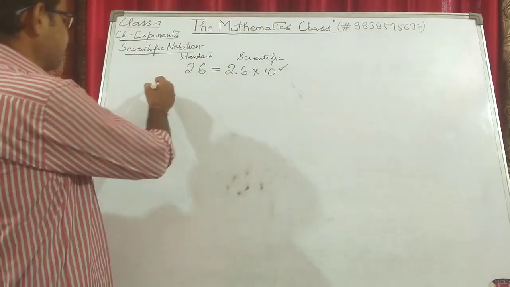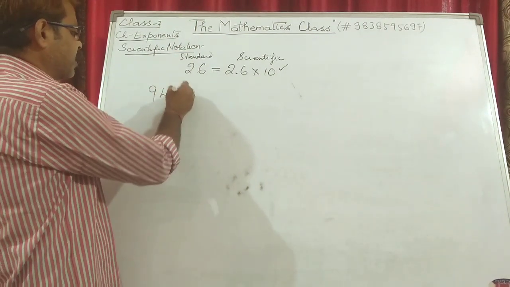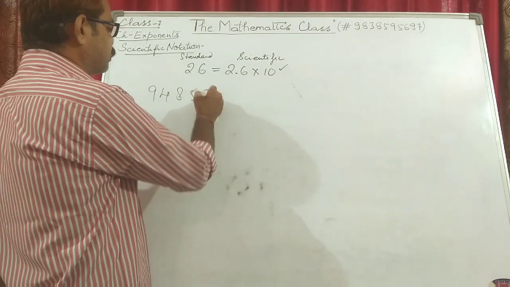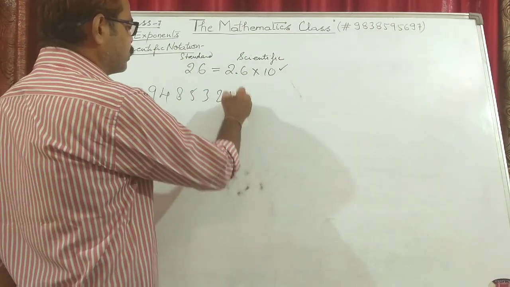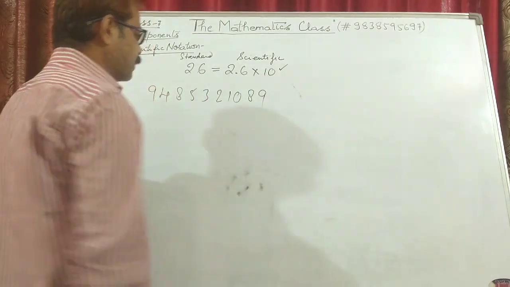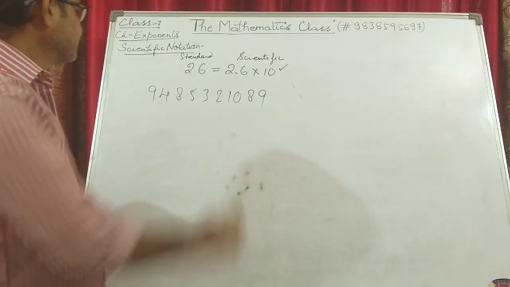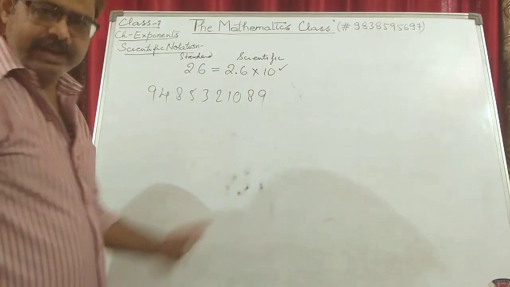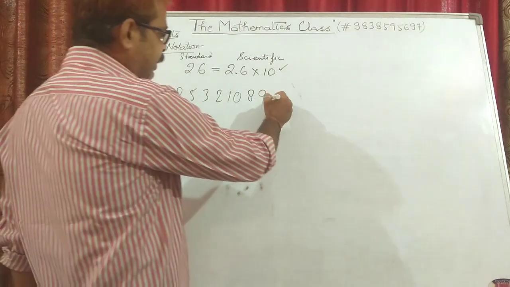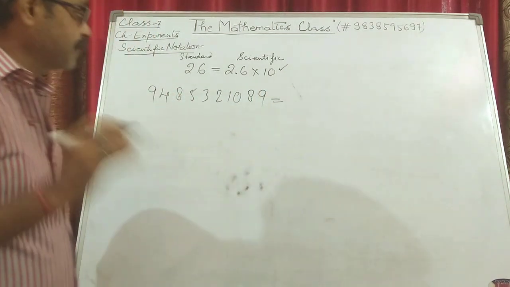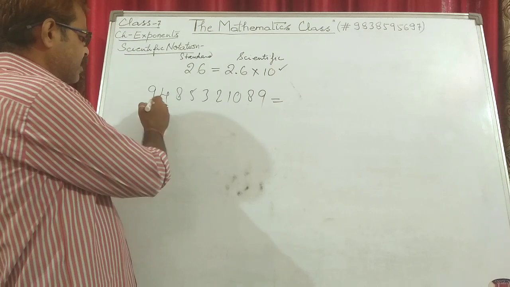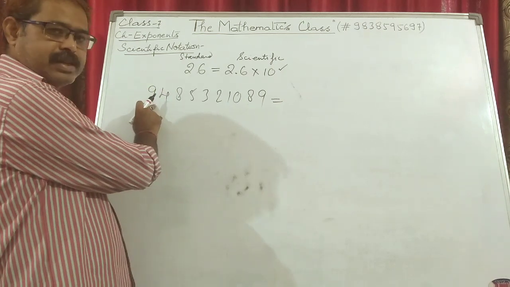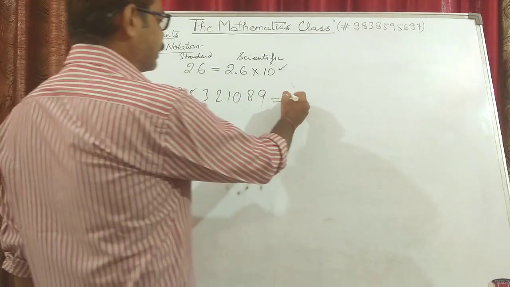Suppose I write 9, 4, 8, 5, 3, 2, 1, 0, 8, 9. This is the standard form of a number. You have to write it in scientific form. It means you will place the decimal just after the first digit, that is 9.